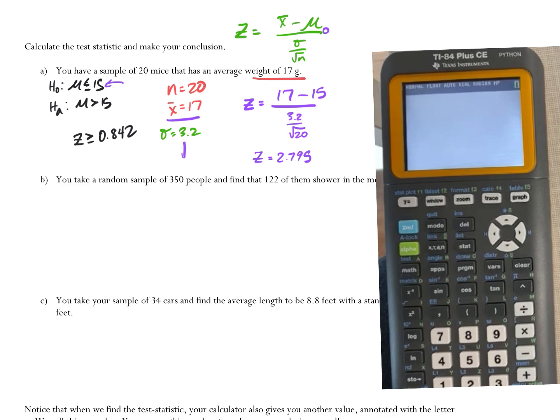That 3.2 was the population standard deviation that was given on the previous page. And if you're using a z, it would be given to you in the question. Everybody good?